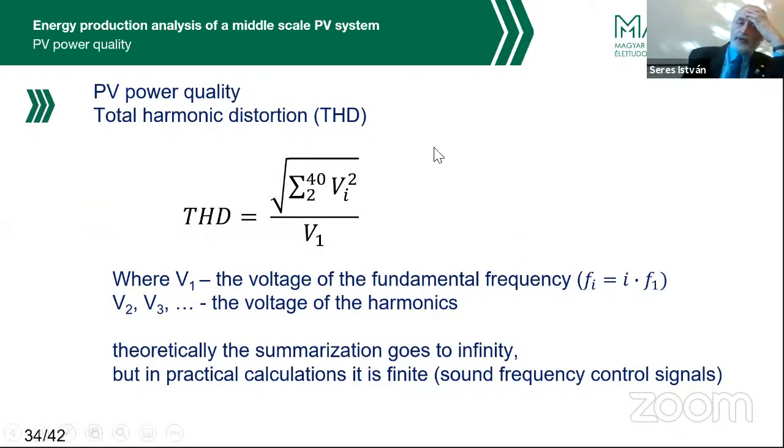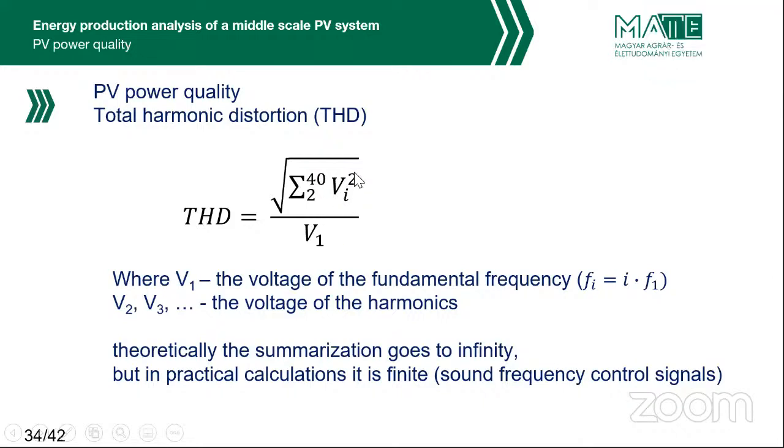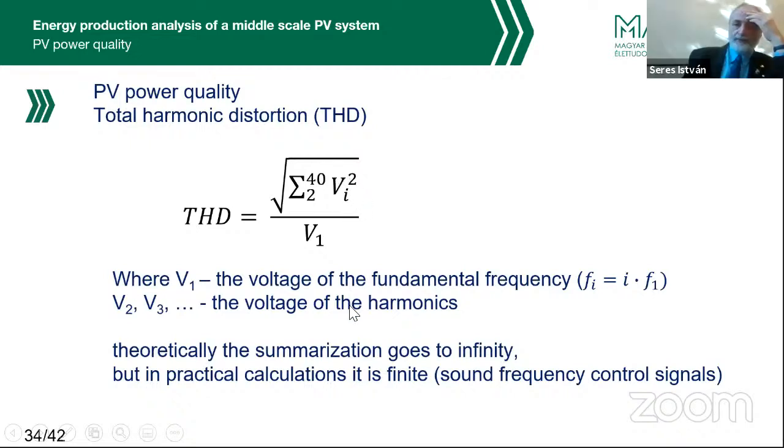And it can analyze the harmonics and the rate of the harmonics in a given frequency. And we were calculating the total harmonic distortion. It's an important quality property of the generated power, where V1 is the maximum voltage of the fundamental frequency, and Vi, where i goes from 2 to 40, is the voltage of the harmonic frequencies.